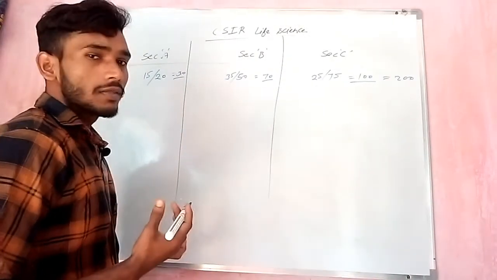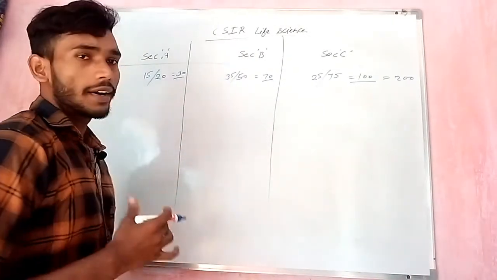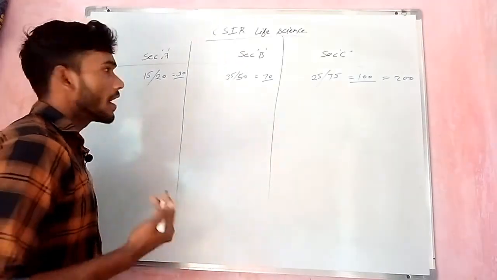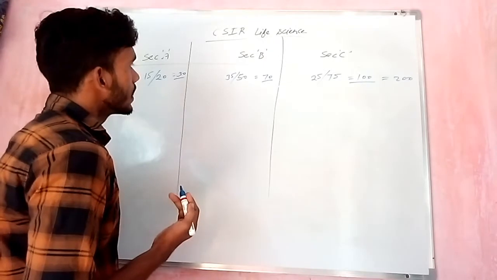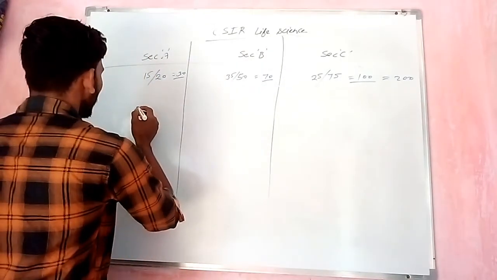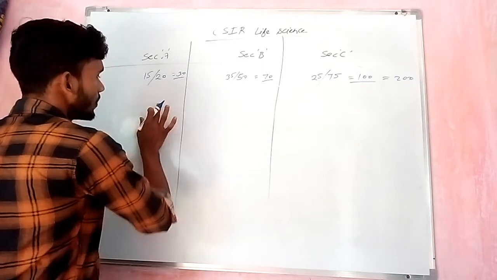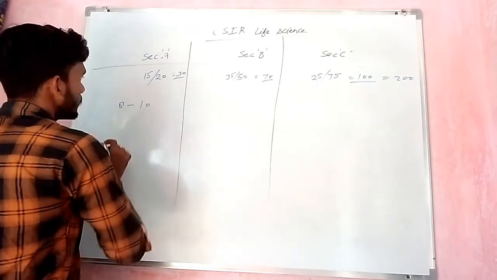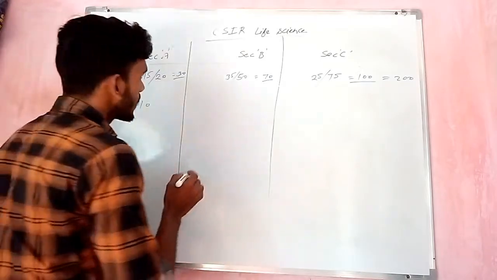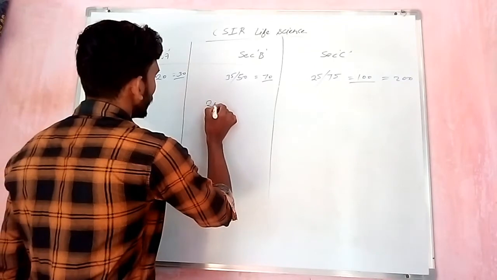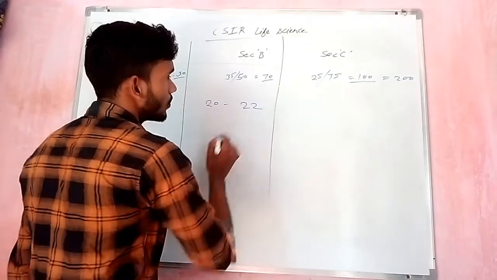Now we discuss how many questions we should attempt in section A, section B and section C, which is enough to qualify for the JRF in the general category. In section A, we should attempt 8 to 10 questions, minimum 8, maximum 10. In section B, we should attempt 20 to 22 questions.